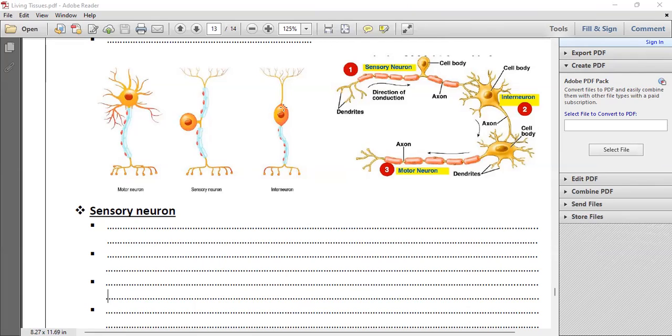That is the first point. So the impulses received by the sensory organs will be carried all the way up to the central nervous system by the sensory neurons. Okay, right.